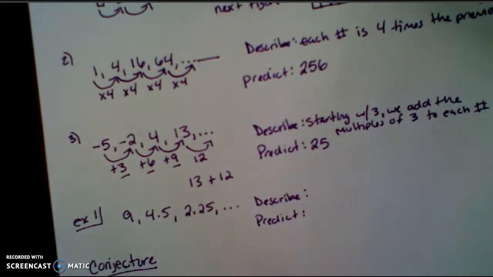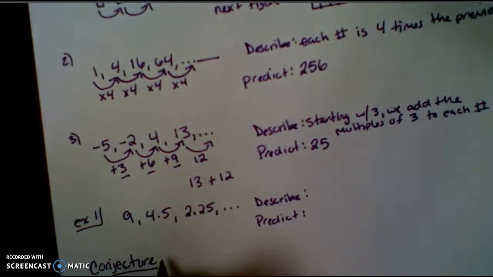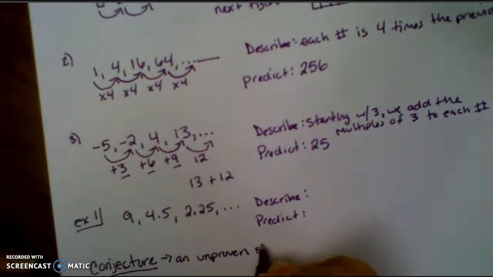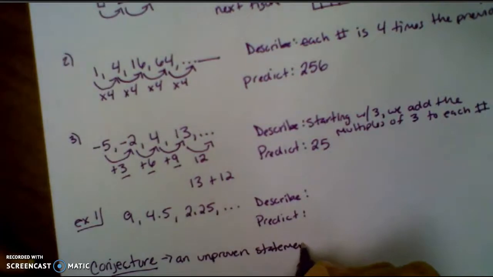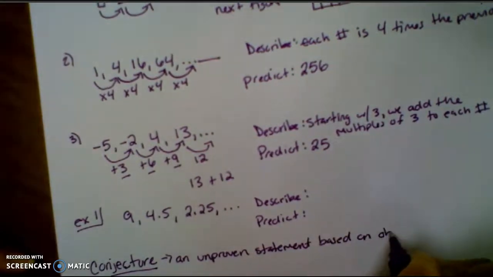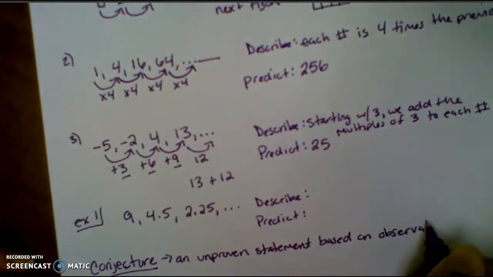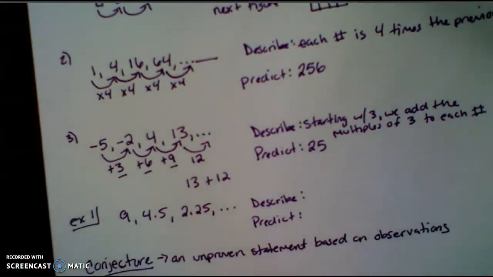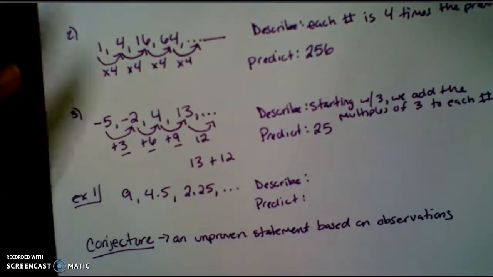So a conjecture is going to be an unproven statement based on observations. So it's like a rule that we're going to write. We're going to look at examples and come up with a rule as to what we think is happening.